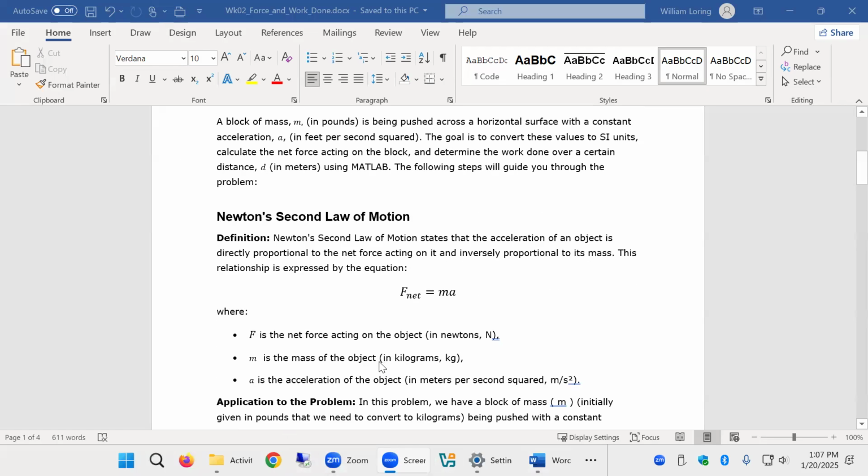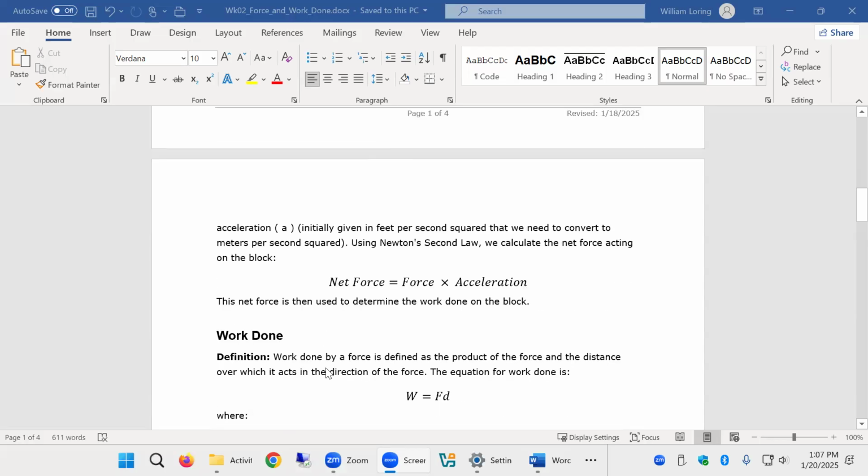Once you find the force, work can be calculated by multiplying that force by the distance over which the object is pushed. Force times distance traveled gives you the work done.